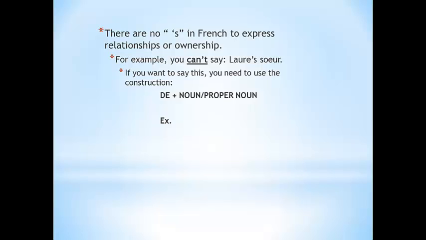Okay, so if we want to say this is Laure's sister, as I said, we have to say this is the sister of Laure. So c'est la sœur de Laure. Okay, so the person who's doing the ownership is at the end here after your de.